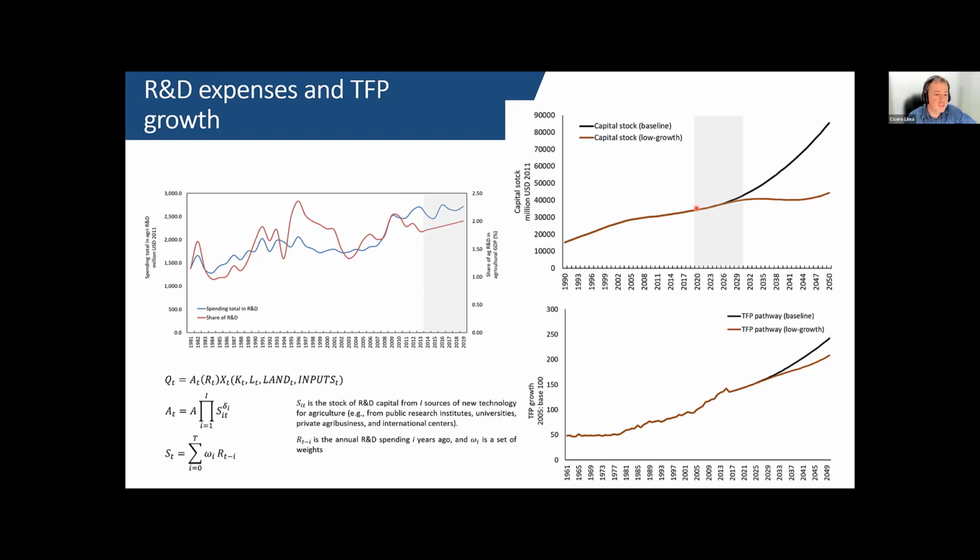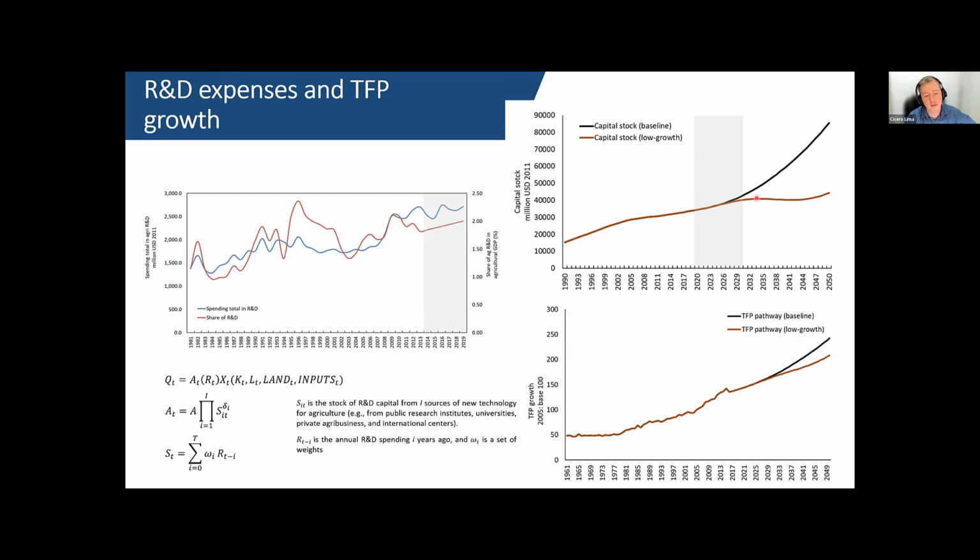But the problem is we have a lag structure in how this investment is translated to technological improvement, and you can see that after we freeze the investments in agricultural R&D, the capital stock is still increasing, but we have the peak, and because of the lag behind this capital accumulation, we are going back.